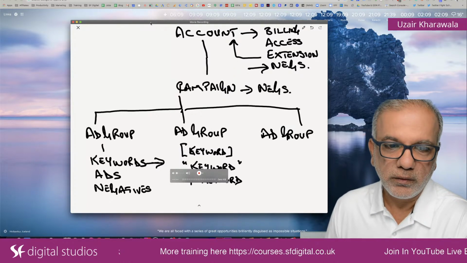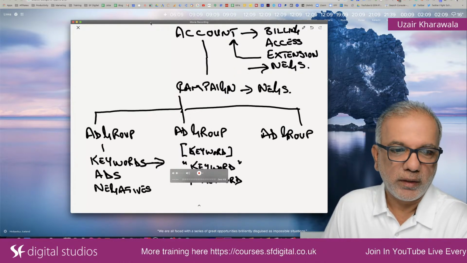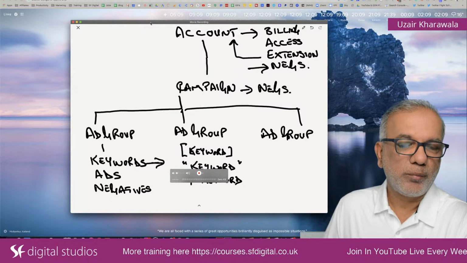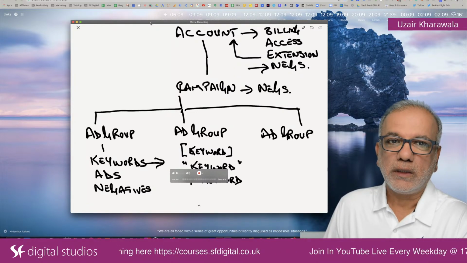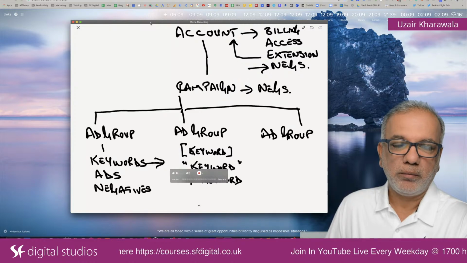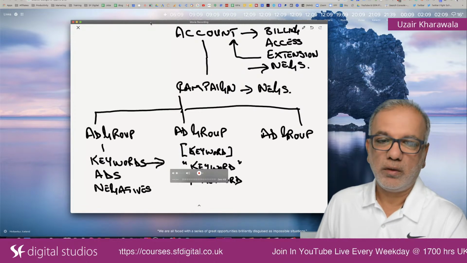I usually do not recommend that you use broad match keywords because they are too broad, but even if you have these three match types in an ad group, you're pretty much good to go.